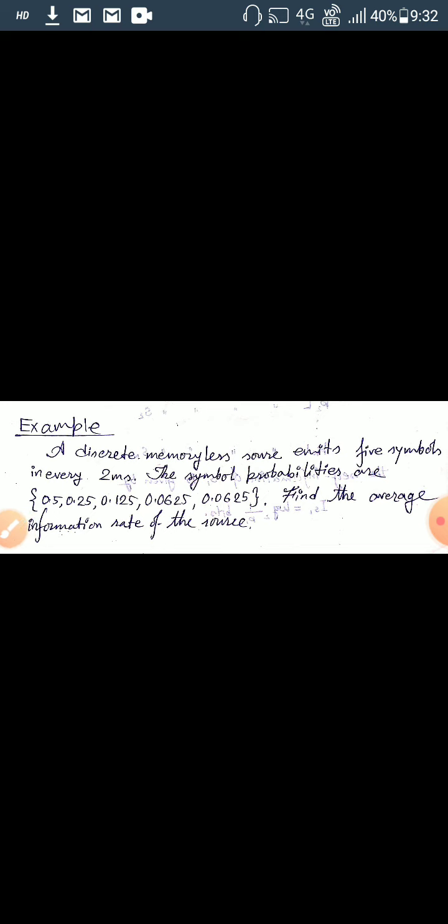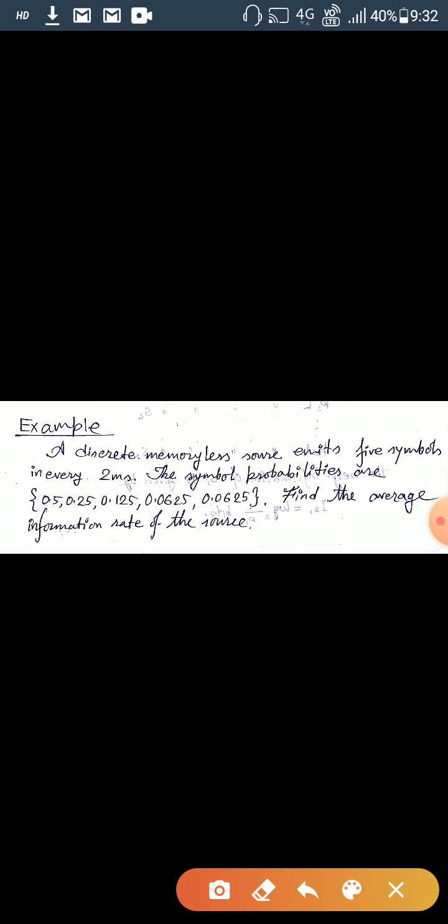The symbol probabilities are 0.5, 0.25, 0.125, 0.0625, and another 0.0625. The question is to find the average information rate of the source. The symbol rate is given as 2 millisecond for every symbol, the individual probabilities are given, and you have to calculate the average information rate.